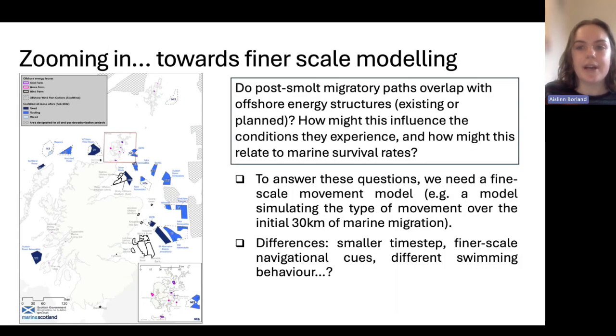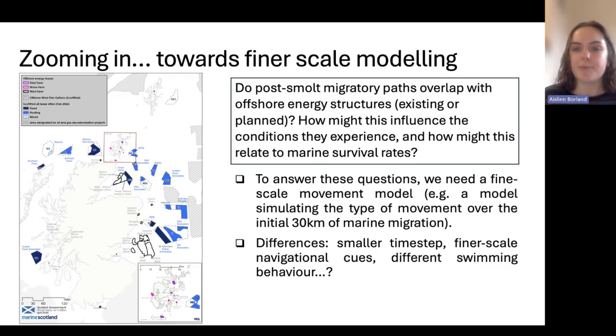So on the left here, this might be familiar. This is a map of planned and existing wind farms around Scotland. And something we might want to consider is whether post-smolt migratory paths overlap with these offshore energy structures.